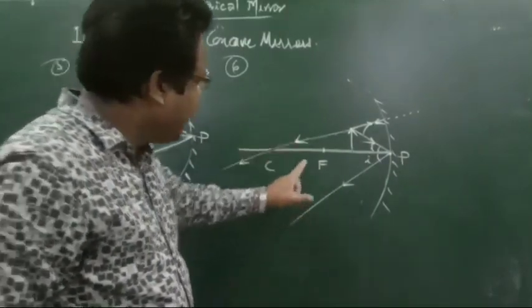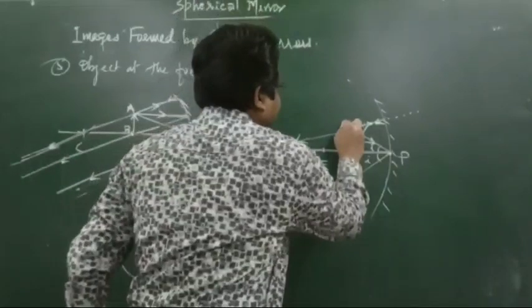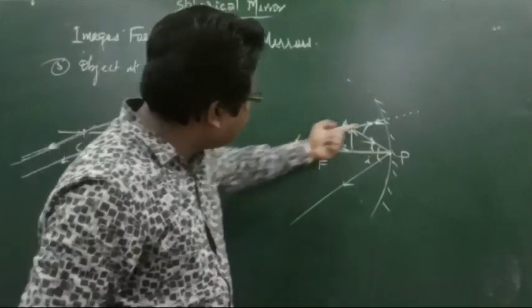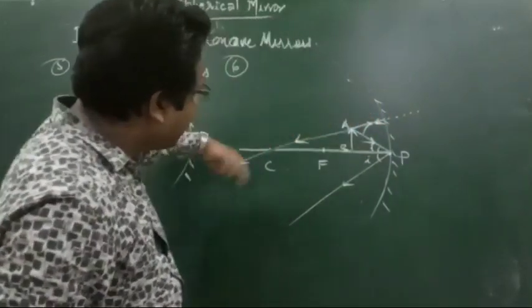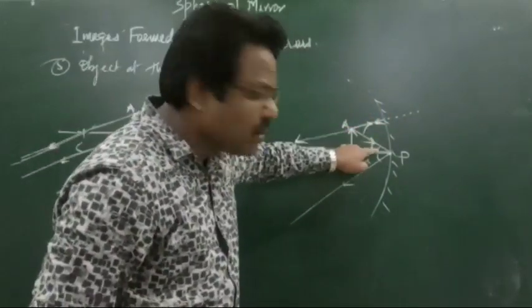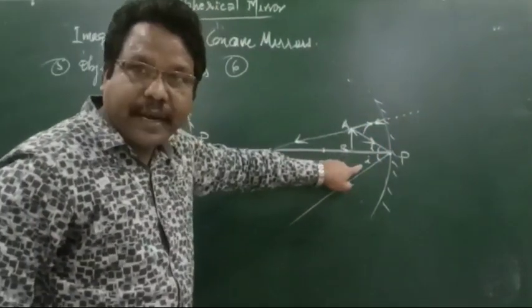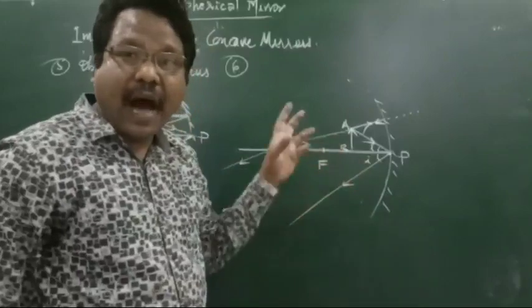So when you keep the object within the focus, what is happening? A ray which is incident along the center of curvature is retracing its path. A ray which is incident at an angle I at the pole is reflecting at the same angle I. Now these two rays are diverging rays.